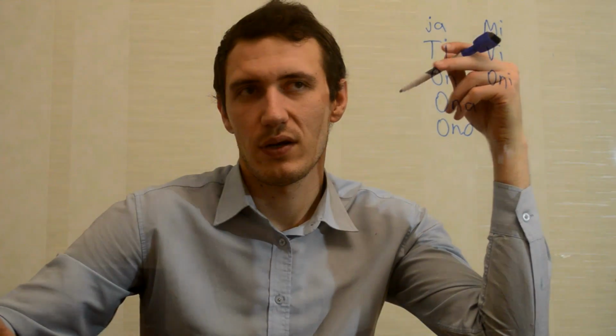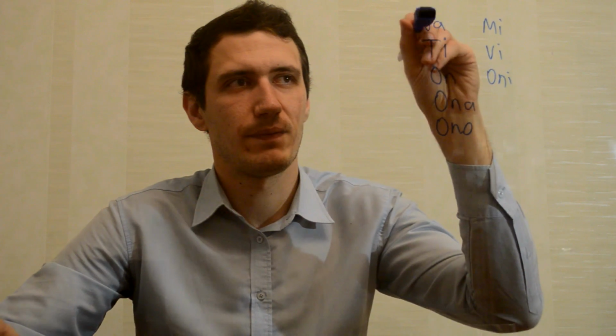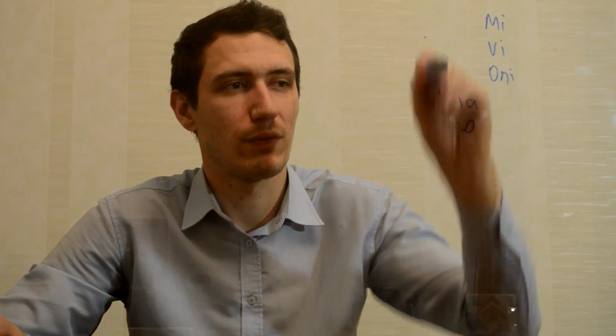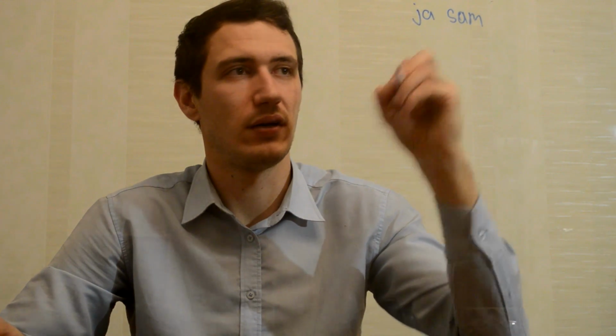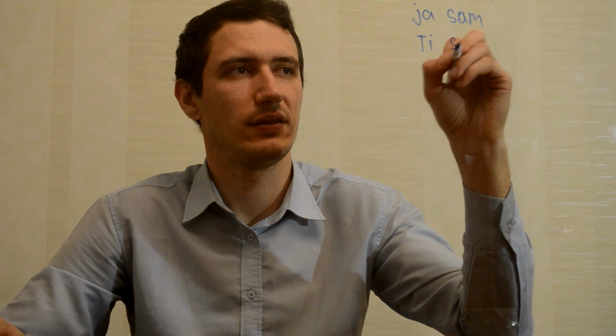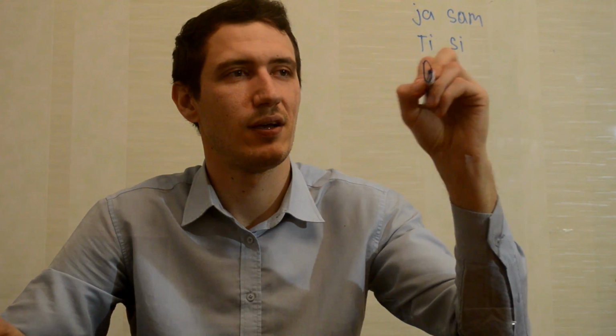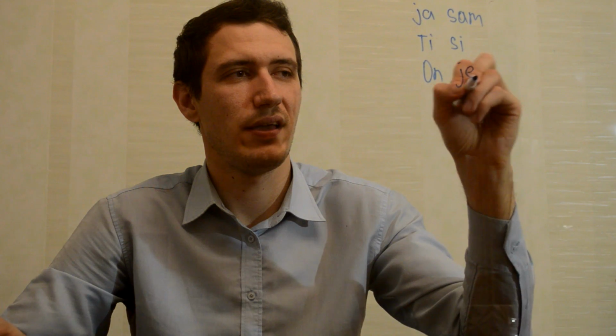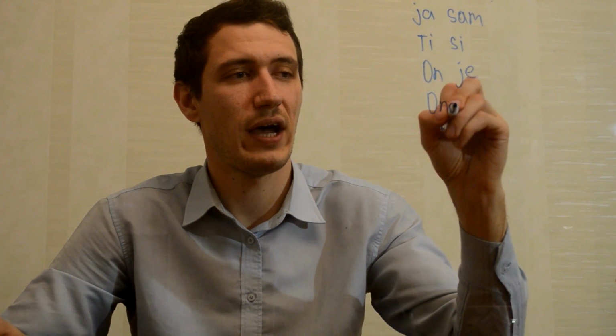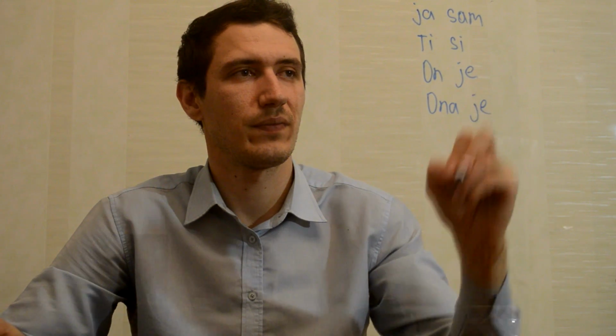Next thing to learn is the verb to be, the conjugation of the verb to be. Why do you think? Because to be is one of the most used verbs in Balkan languages. I am would be ja sam, you are, ti si, he is, on je, she is, ona je.